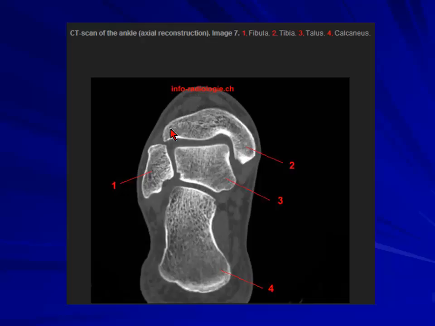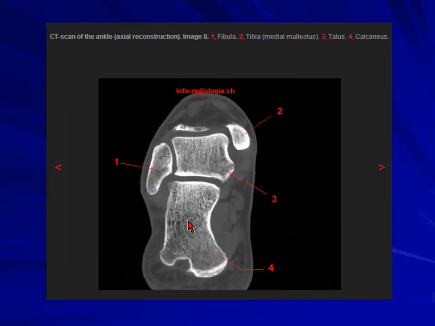So you have got the tibia here, you have got fibula here, and tibia articulating with the talus. This is the superior articular surface, that's the dome of the talus, and that's fibula articulating with the talus, and this is the medial malleolus coming down and articulating with the talus. Talus is articulating with the superior articular surface of calcaneus.